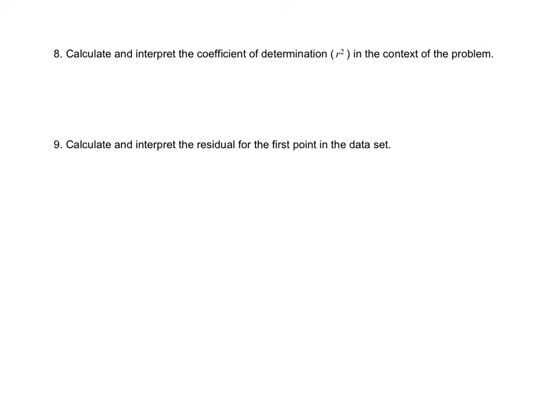So for r squared, you literally take your correlation coefficient, which in this case is negative 0.85, and we square it, which is going to give us 0.72.